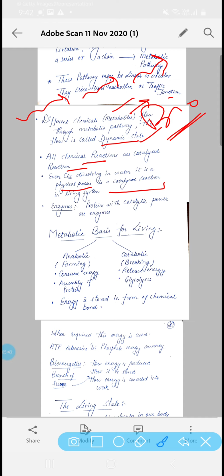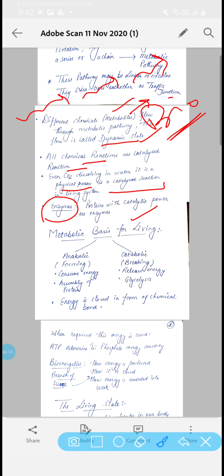So in living organisms, the catalyst is not any kind of chemical, it is the biomolecule called enzymes. How will you define the enzyme? Enzymes are proteins with catalytic power. All the enzymes are proteins which have the catalytic power. Catalytic power means they help in increasing the speed of the reaction.